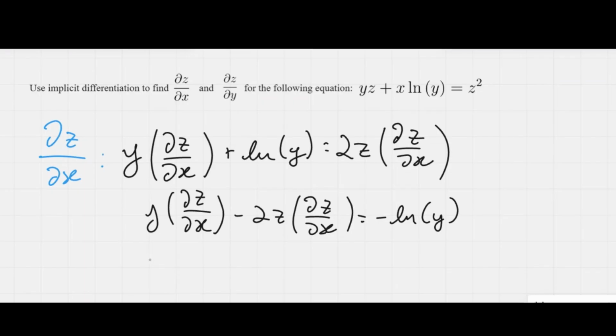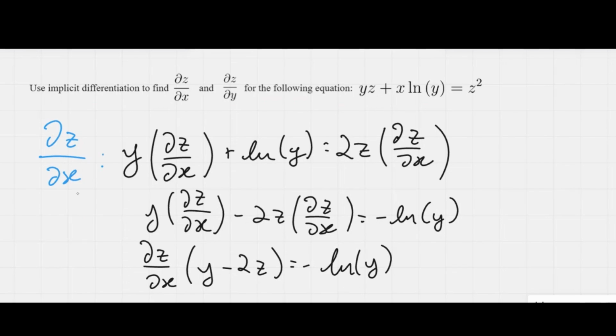Alright, so using anti-distribution, we can say that del z over del x can be multiplied by y minus 2z, and it's an equivalent expression. That is equivalent to negative ln y.